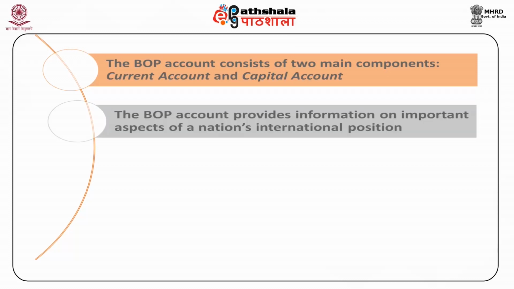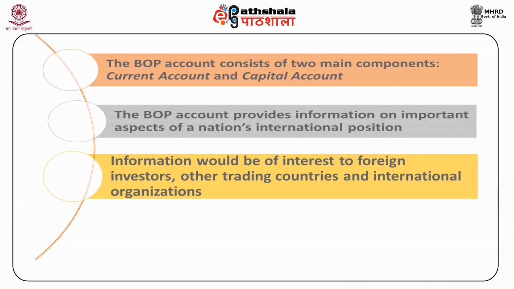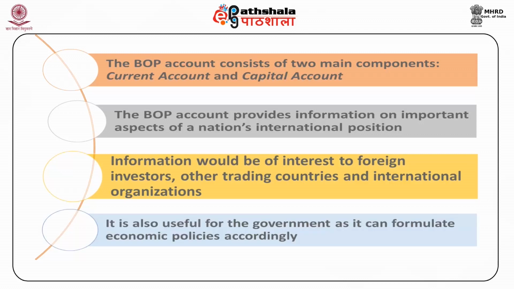It provides information on important aspects of a nation's international position, for example, whether it is a net debtor or a net creditor country. Such information would be of interest to foreign investors, other trading countries, and international organizations. It is also useful for the government, as it can formulate economic policies accordingly. In what follows, these issues are discussed in detail.